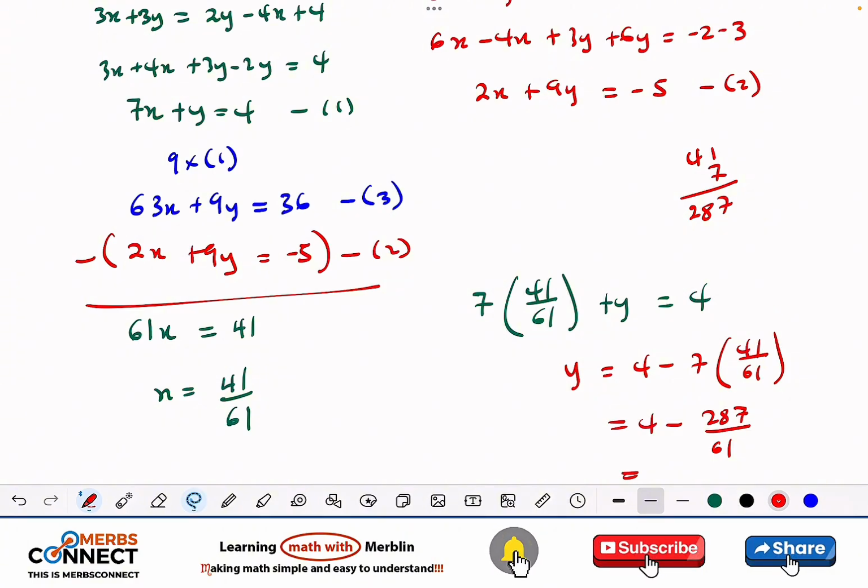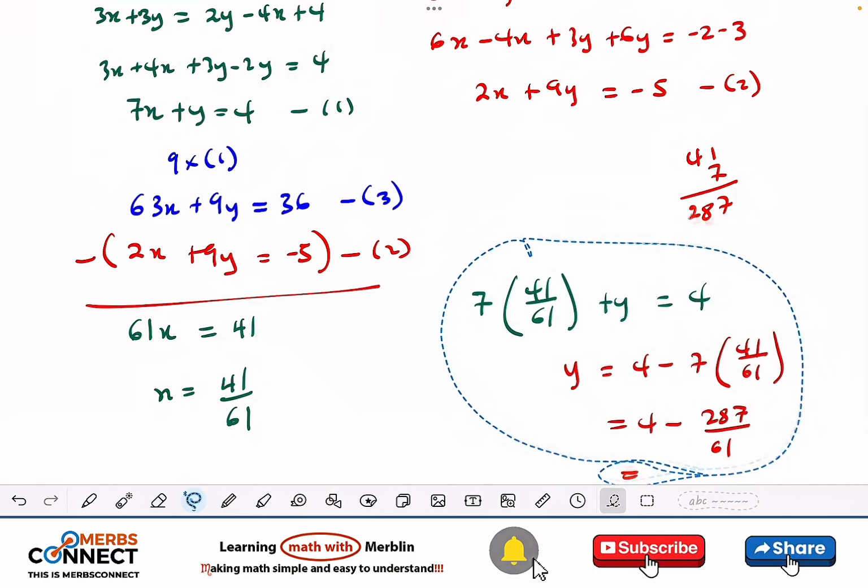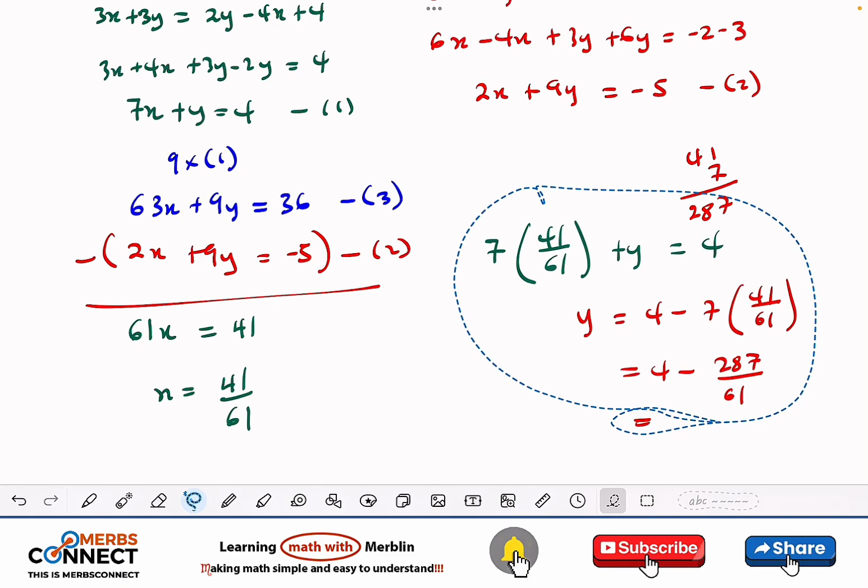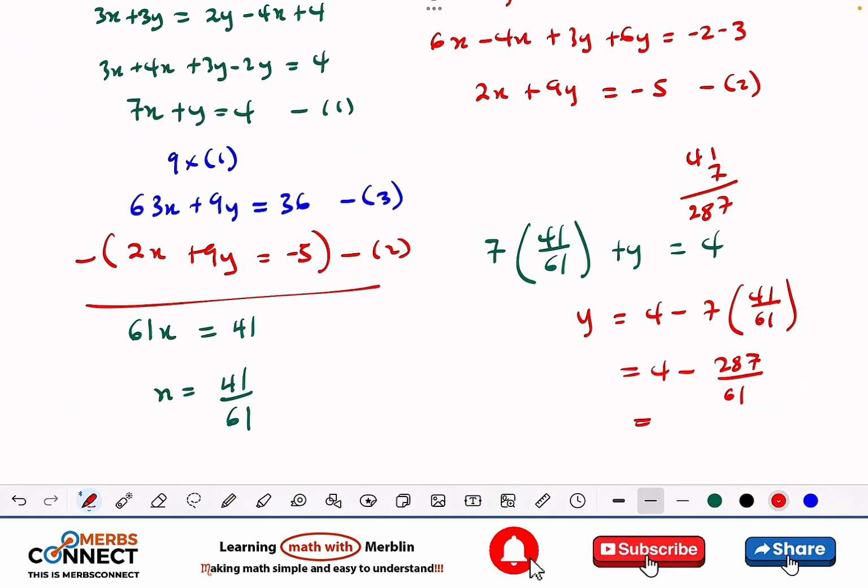But I can also do that. Okay, let me just finish it up by providing the answer for you guys. So I can write this one as 61 times 4. 6 times 4 should be 24. Is that right? Yes. So this is going to be 244 divided by 61, minus this divided by 61.